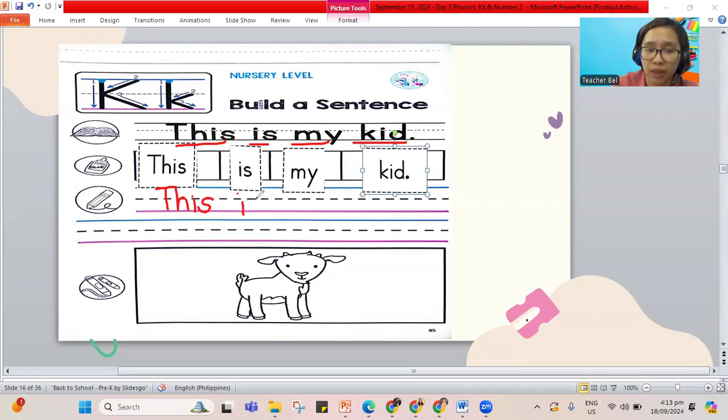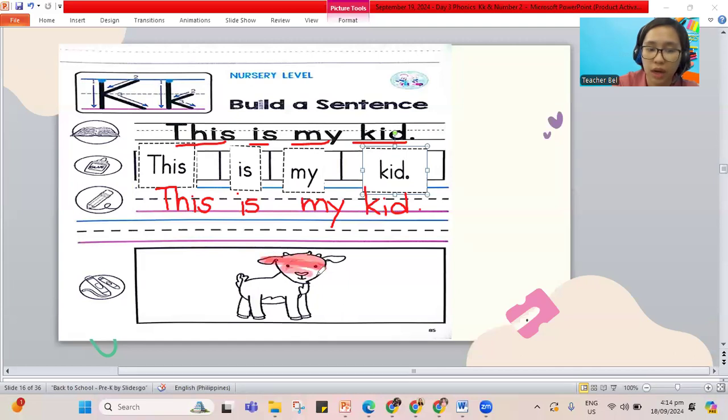This is my kid. Line down, kick in, kick out. I and letter D. So here, end the sentence with a period.